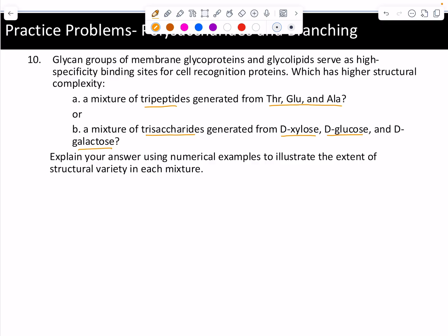Okay, so right away, if we don't go into the numbers of it, we know that because we have different ways of linking, the trisaccharides are going to have more diversity, right? So more diversity because of different linkage types.